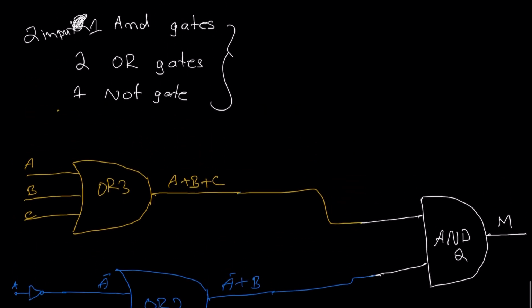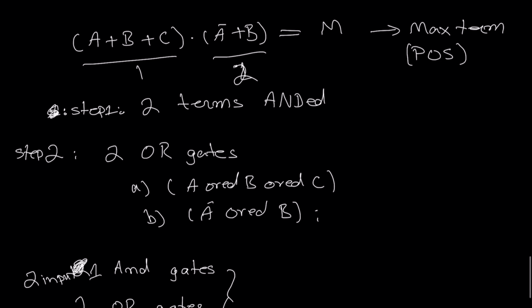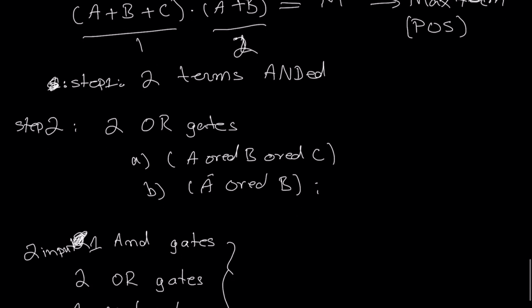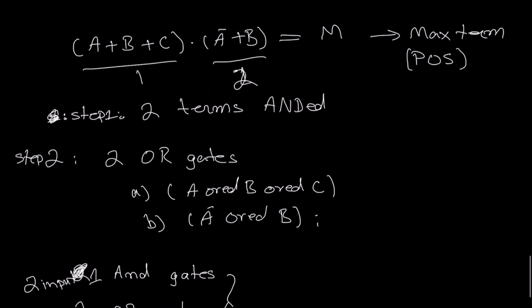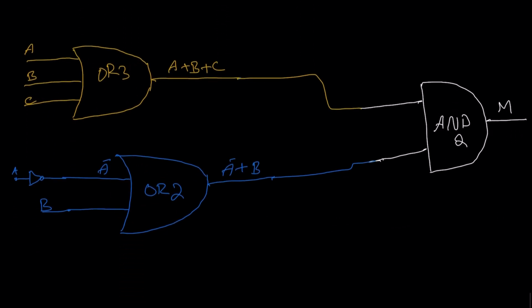So our task given was to draw a logic circuit using this max term, A ORed with B ORed with C, and altogether that term is ANDed with A not ORed B. We use the AND as the final product, that's how we call it a max term. So this and that, input 1 and input 2, they both should be on in order to have the output M on.